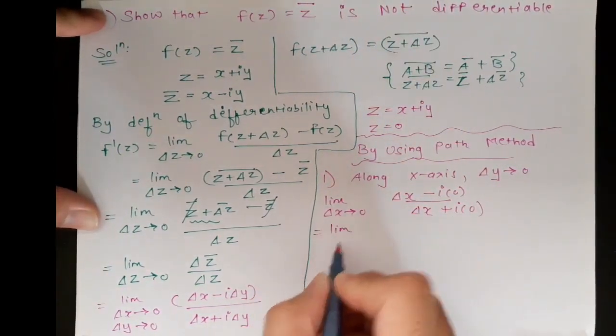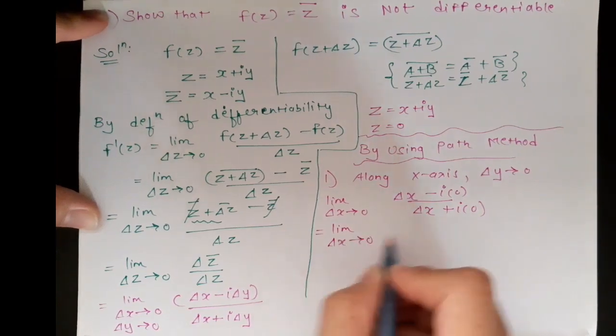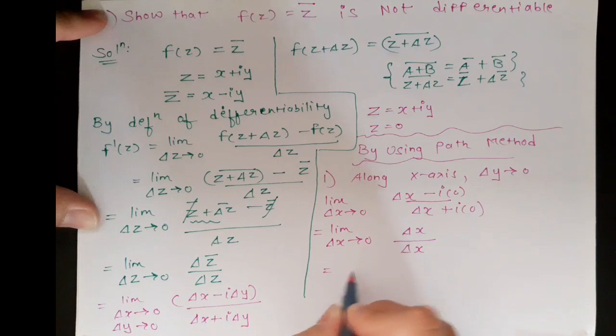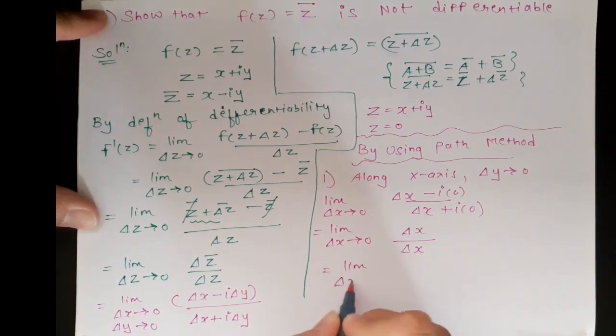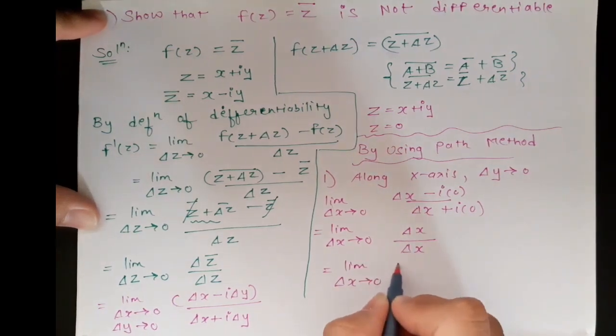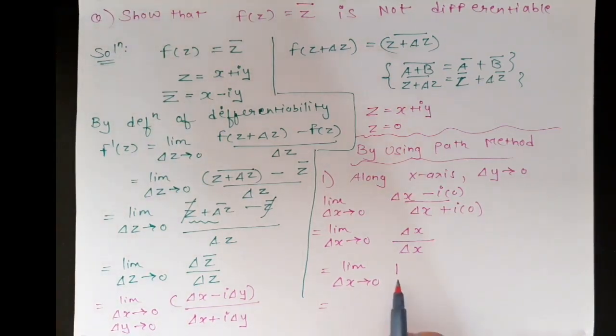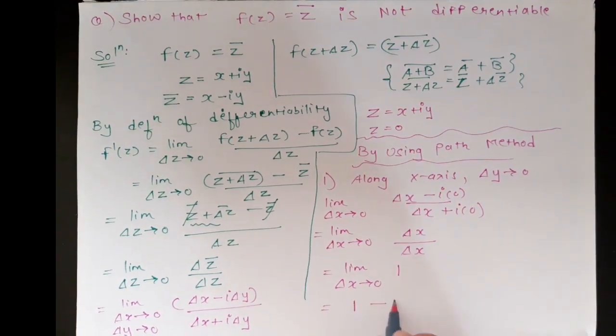So it is the limit as delta x tends to 0 of delta x upon delta x, which is the limit as delta x tends to 0 of 1. Here we got the constant term, so the limit of the constant term will be constant, so it is equal to 1. So we had obtained the first equation.